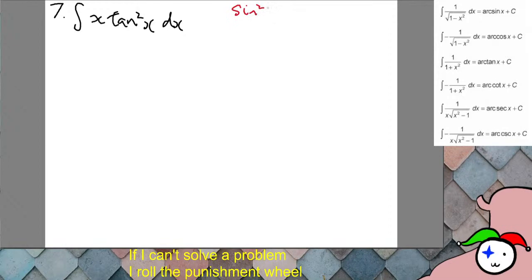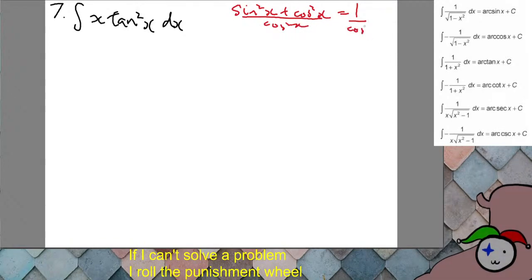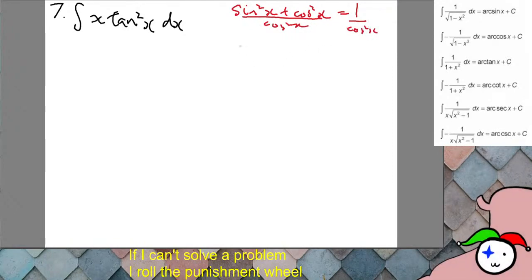Right, so we have sine squared plus cos squared is 1, once again. Divide all this by cosine squared this time. And we have tangent squared x plus 1 equals secant squared.